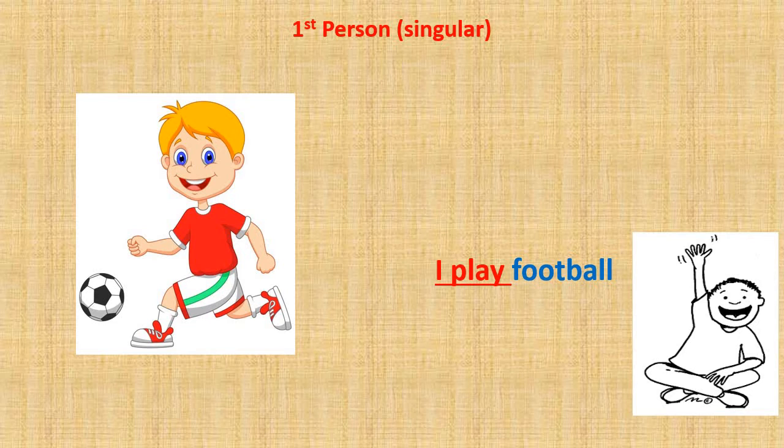Let's look at the examples, because once we see the examples, the concept will be crystal clear to all of us. At first, we will talk about first person singular number. We know that first person singular number is I, and look at the example. I play football.